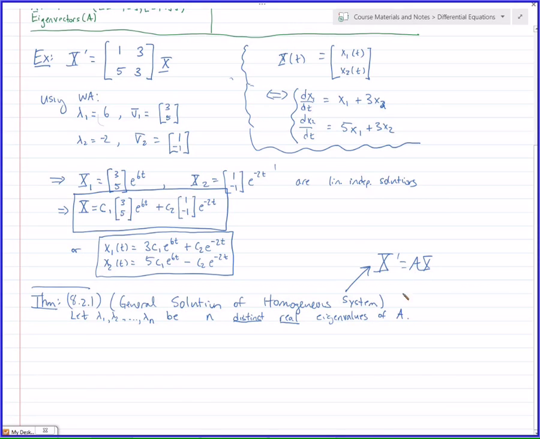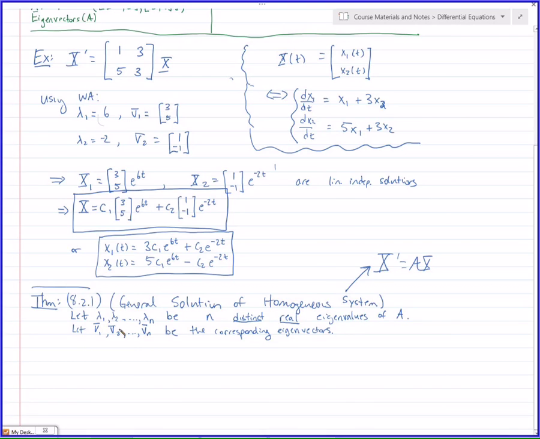A being an n by n matrix, if we get all distinct eigenvalues, then we're going to let V1, V2, all the way out to Vn be the corresponding eigenvectors.